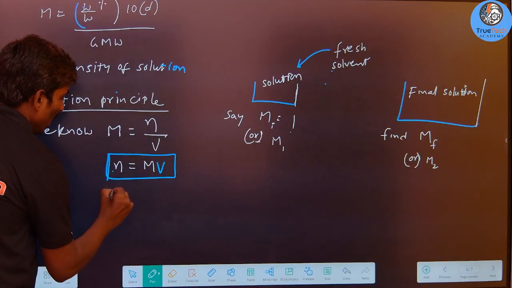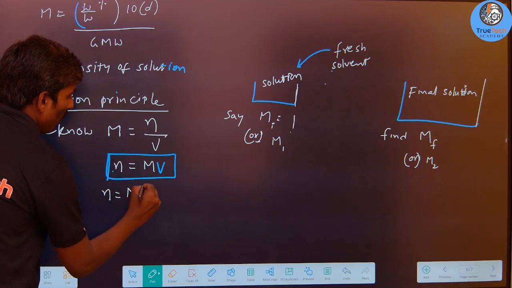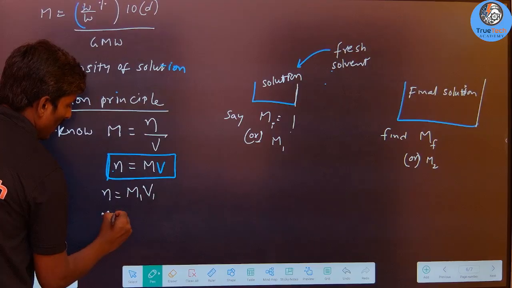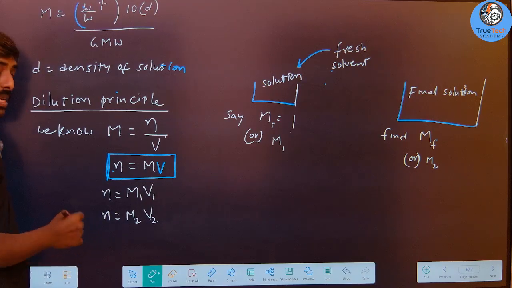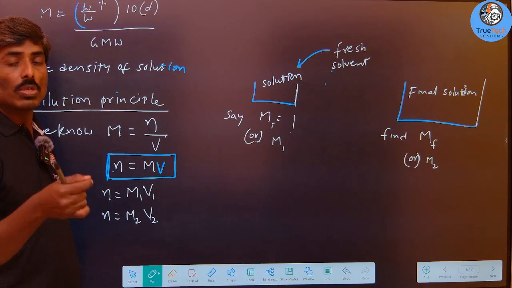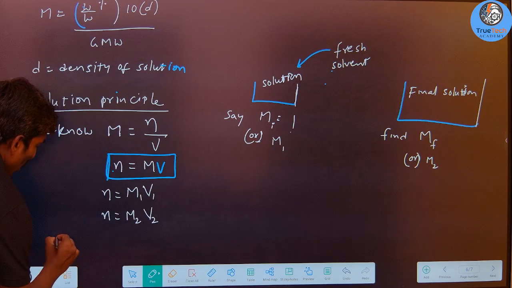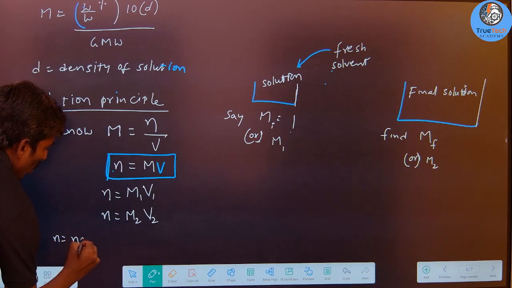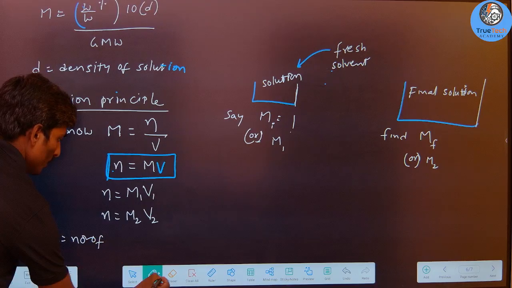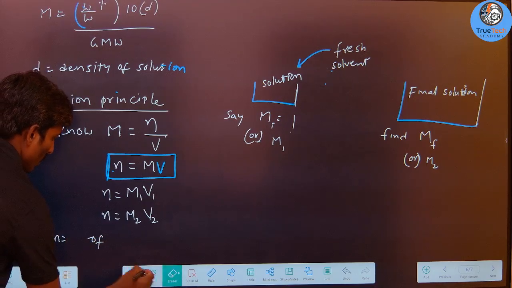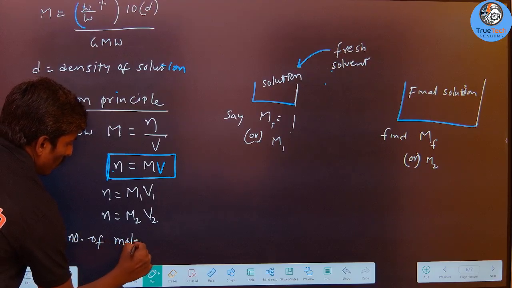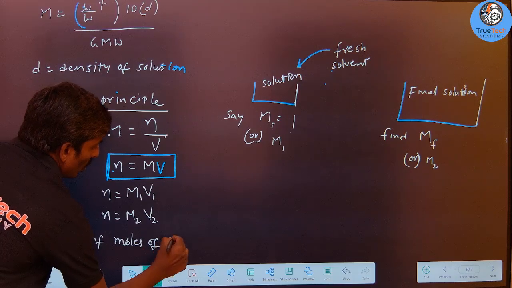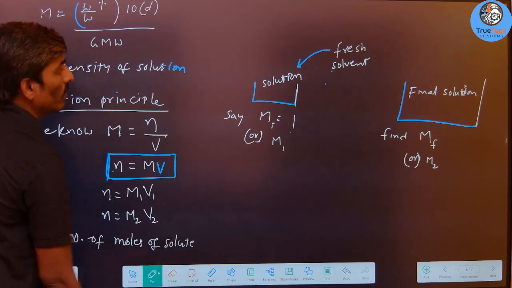So it can be written N equals M1 V1, and N equals M2 V2. What is N? The number of moles of solute.